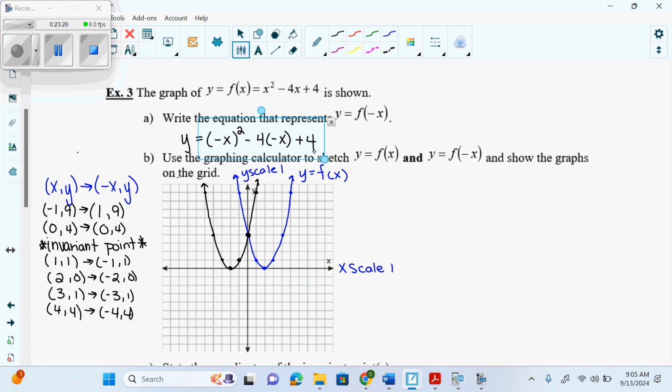Taking the x's and tossing them away, and I'm replacing them all with negative x. So last time I just replaced the y with negative y, and then I divided that -1 over, which applied it to every term. Okay, so here we have y equals x squared, negative 4 times negative x is plus 4x plus 4.